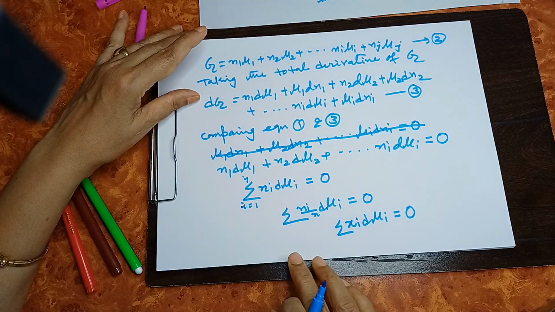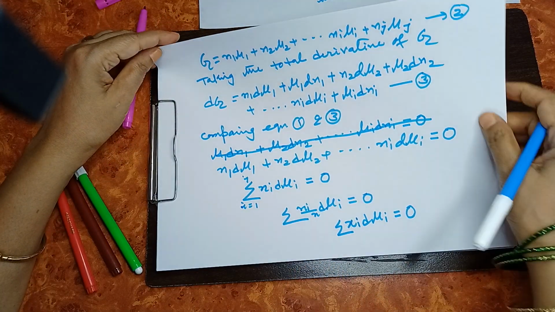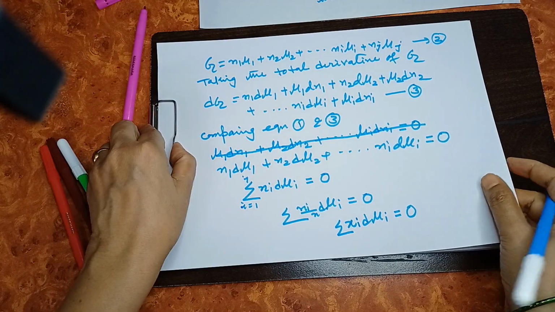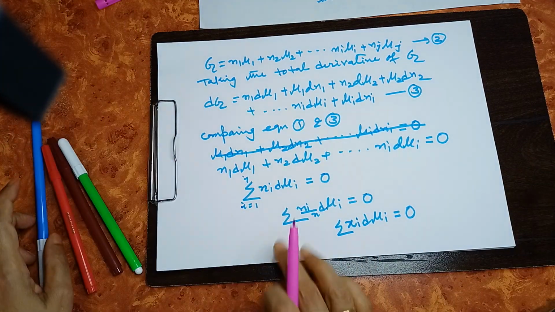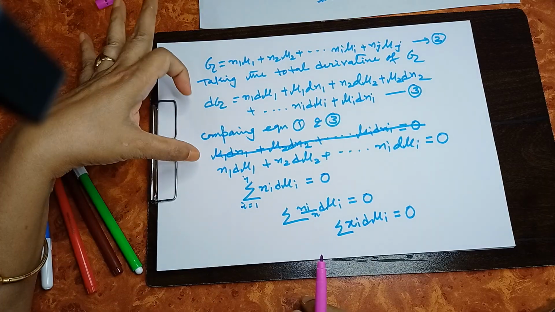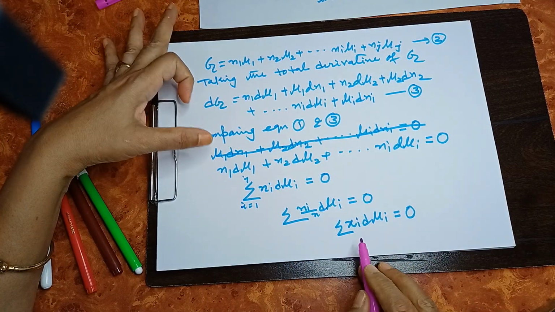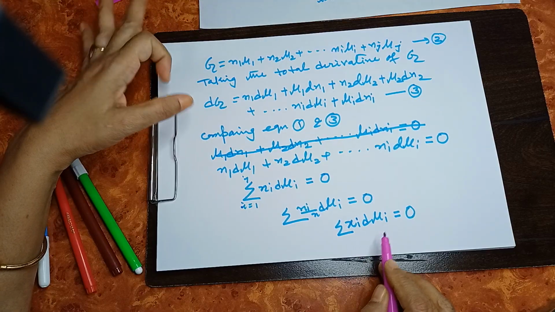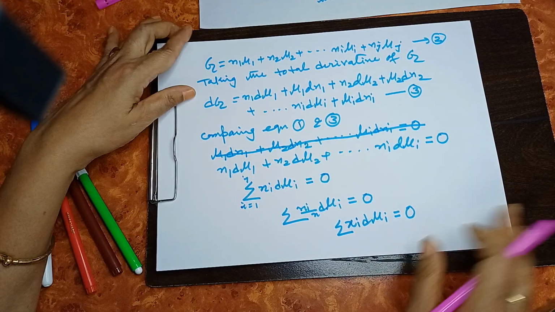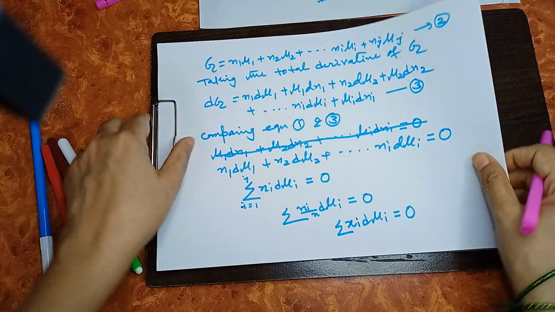So the Gibbs-Duhem equation has these two forms. One is n1 d mu1 plus n2 d mu2, and another one is x1 d mu1 plus x2 d mu2, etc. I'll write it here again.